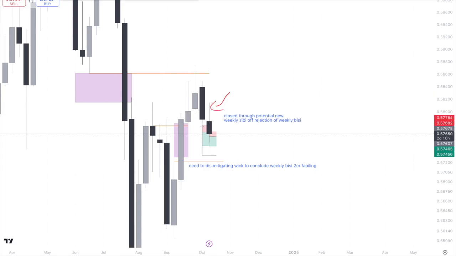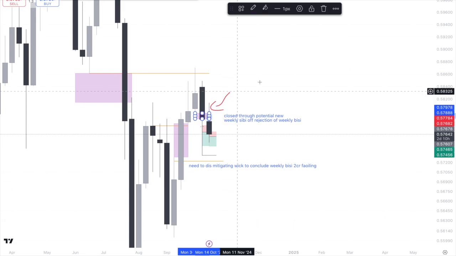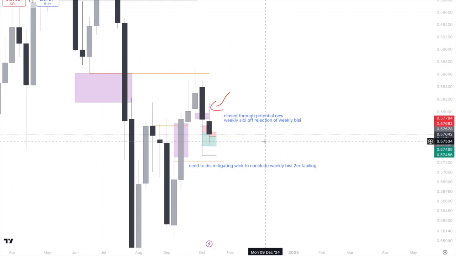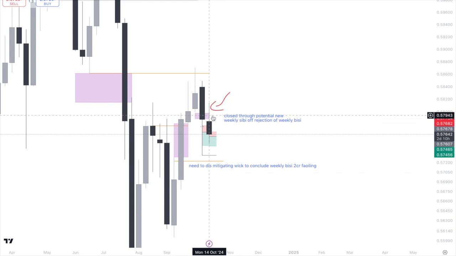Even with the rejection off the overlapping BISI, we could have still had a fair value gap, or possibly a smaller one. But either way, we could have still made a fair value gap here.